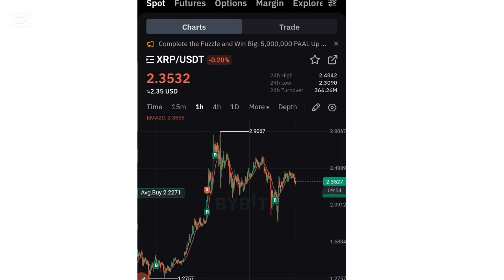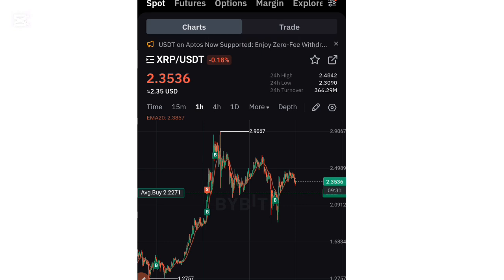So you must know what spot trading is all about. In spot trading, you buy an asset and then you own the asset. Once you buy it, you own the asset. In other words, you can decide to sell it at any time. Unlike derivative or futures trading, where you are not buying the asset.